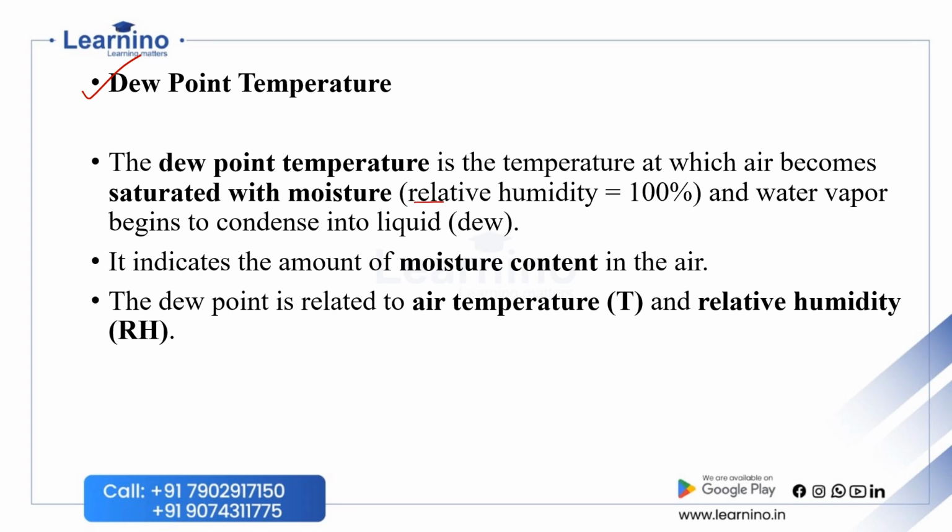Saturated with moisture means the relative humidity is 100%, and the water vapor in the air begins to condense into liquid or dew at this temperature. It indicates the amount of moisture content in air, and the dew point temperature is related to air temperature and relative humidity. If you write these points, you will get 1 mark for dew point temperature.